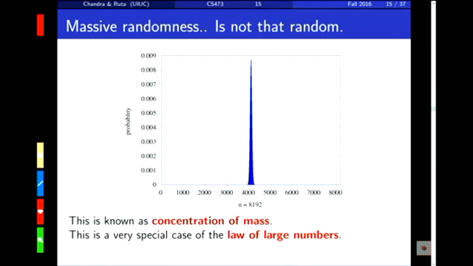This is called concentration of mass around the mean, and it's also called the law of large numbers. It's exactly what I just said. Almost all the probability is concentrated around the expected value.